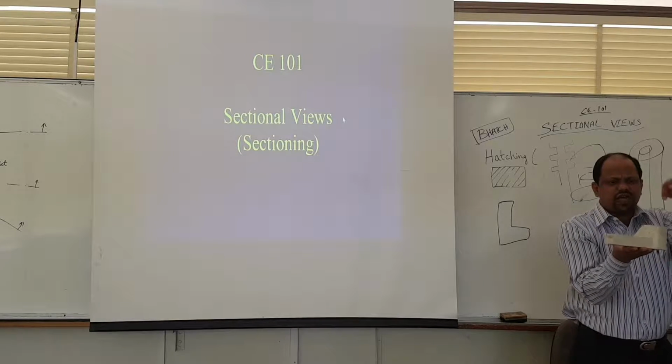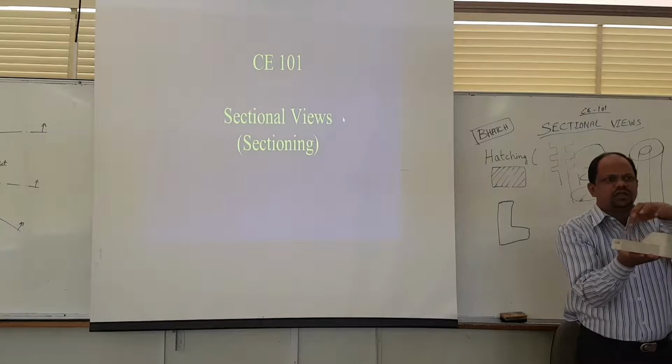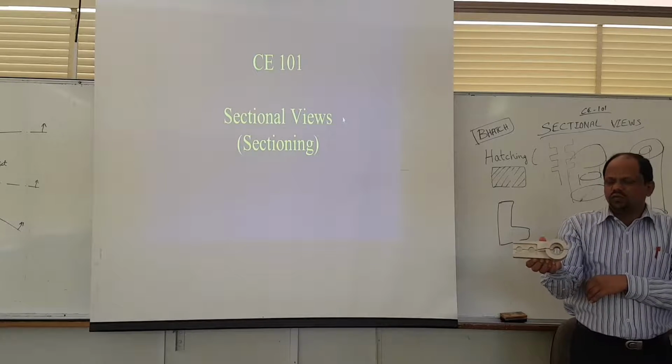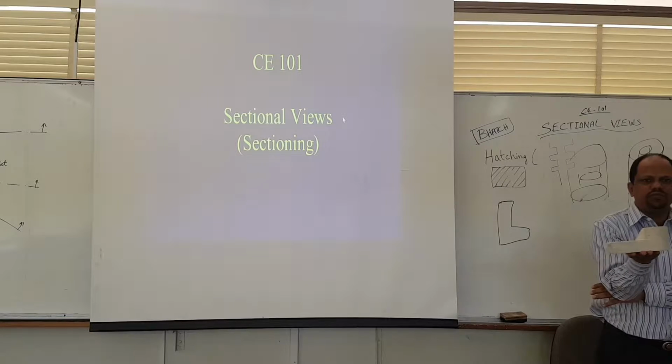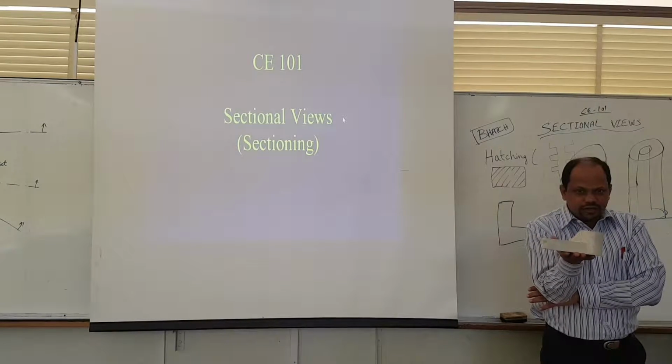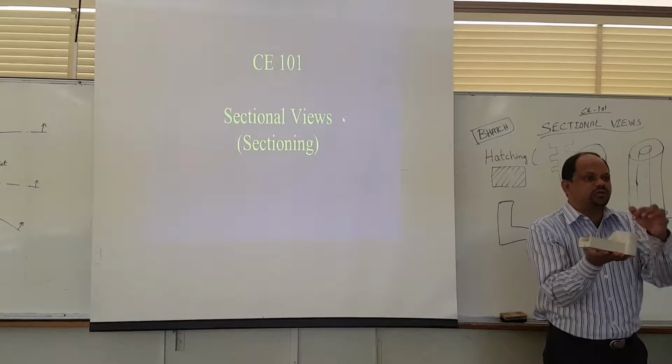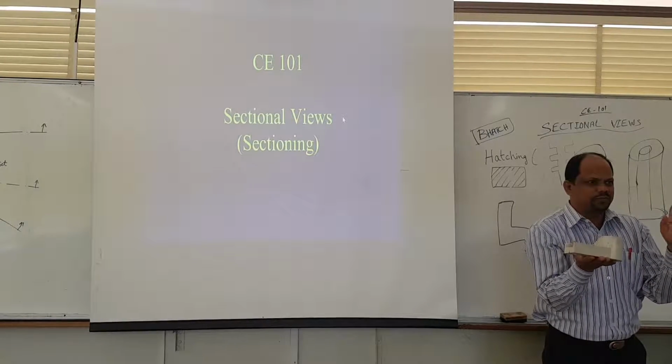There are objects which have more details internally. If I show it like this, what you see is there are different types of holes here. So in our missing views, you are showing these holes as hidden lines, right?